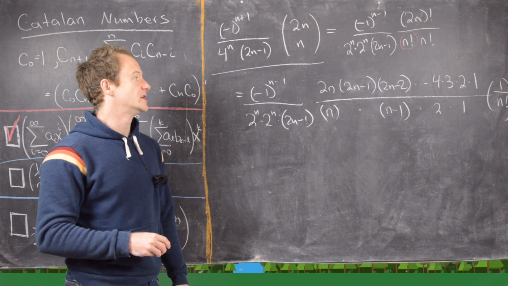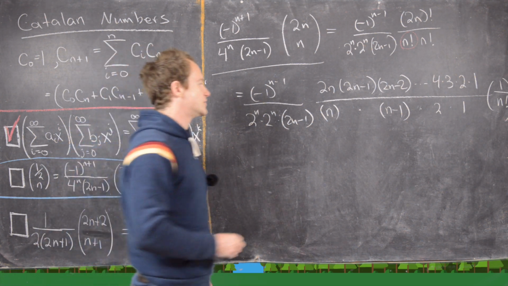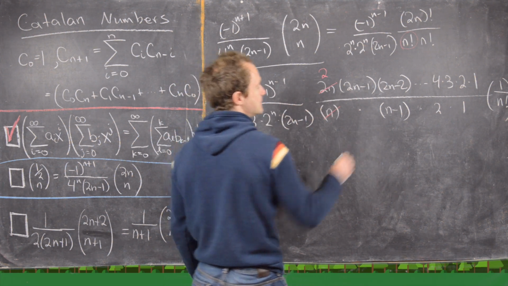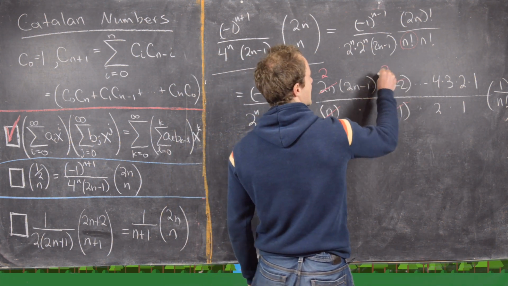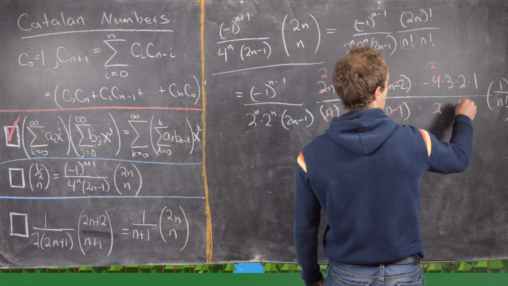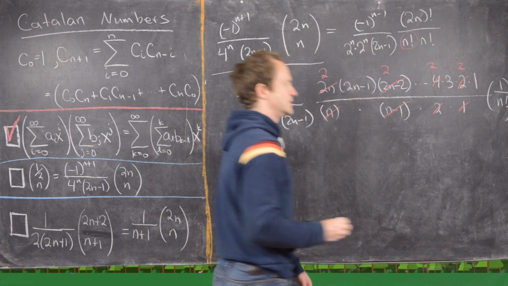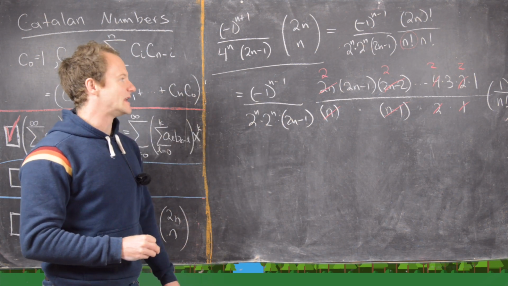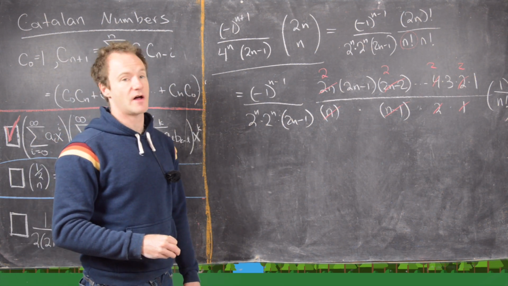And now we can do some simplification. So notice this guy is going to cancel this guy and turn it into a 2. This guy is going to cancel this guy. It's going to turn it into a 2. All the way down, we get a 2 there, and this guy cancels that into a 2. The last one obviously doesn't really cancel. And then how many 2's do we have on the top?